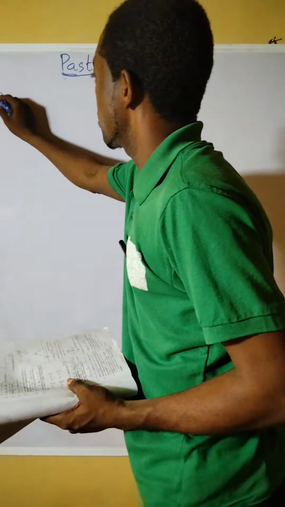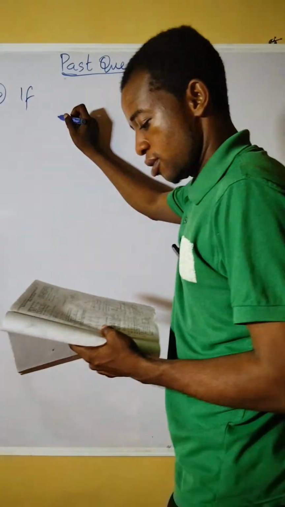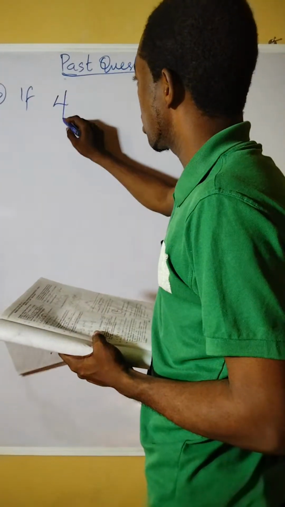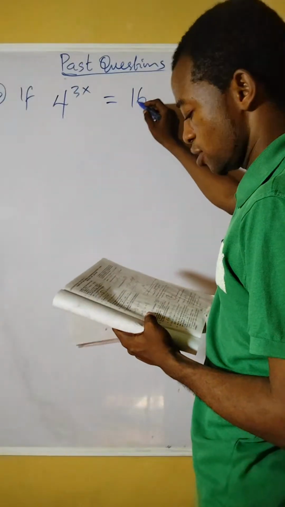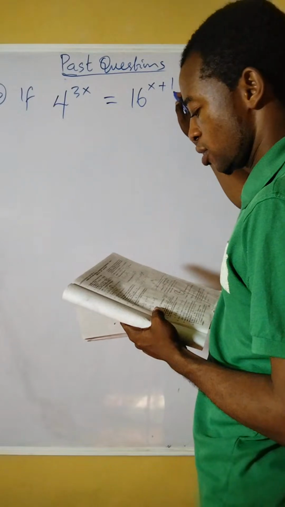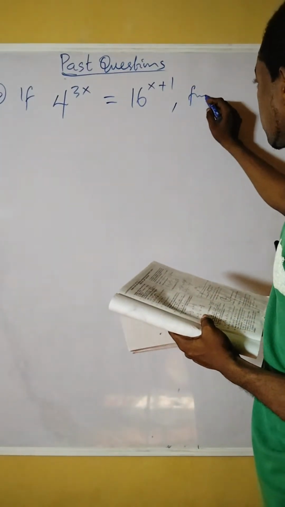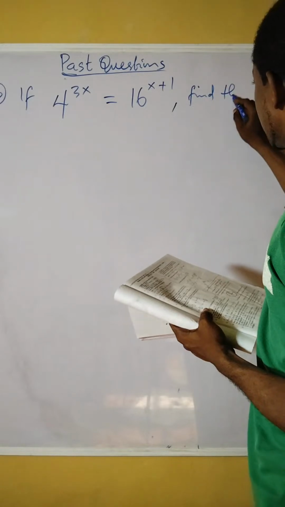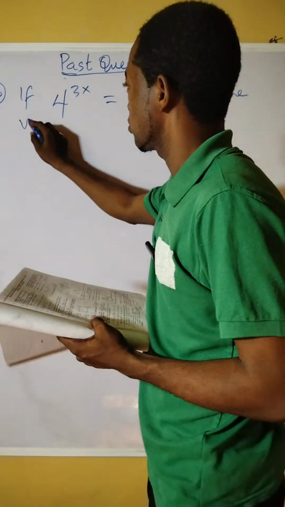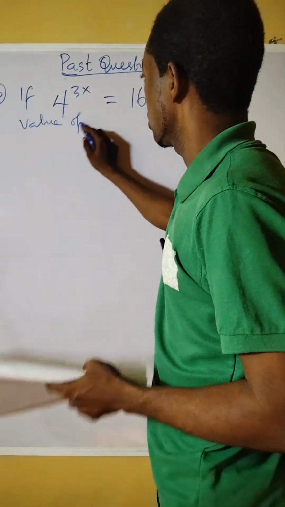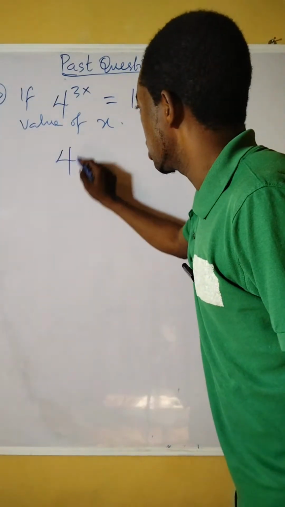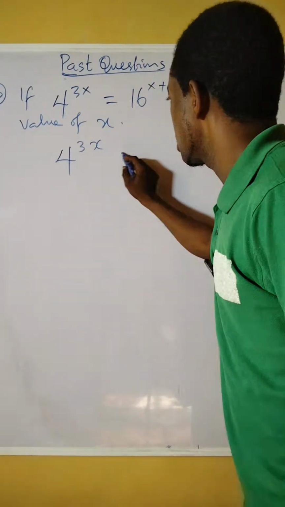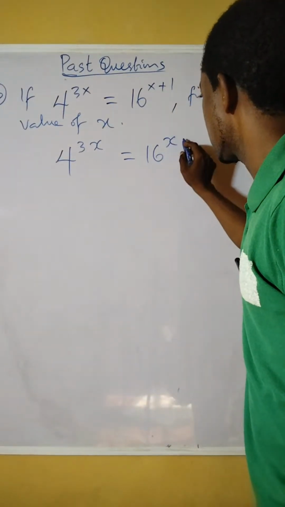In this question we have, if 4 raised to power 3x is equal to 16 raised to power x plus 1, find the value of x. So this is an equation involving indices. From here we have 4 raised to power 3x equals 16 raised to power x plus 1.